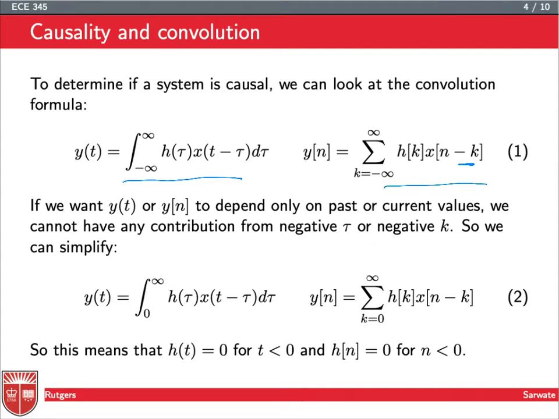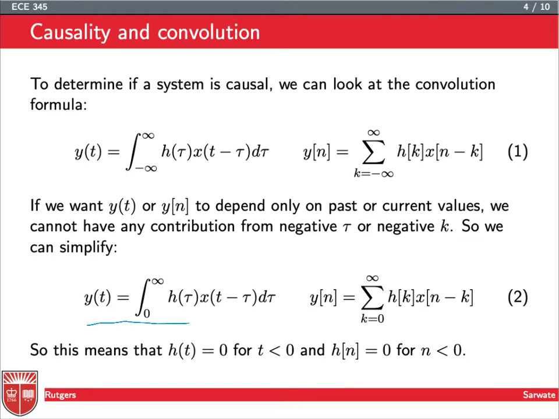If k is negative, say k is minus 1, this thing becomes n plus 1, and suddenly y of n depends on x of n plus 1. You don't want that. And the only control you have is to make h zero. So for those values of tau or k, you need h of t to be 0, and h of k to be 0.